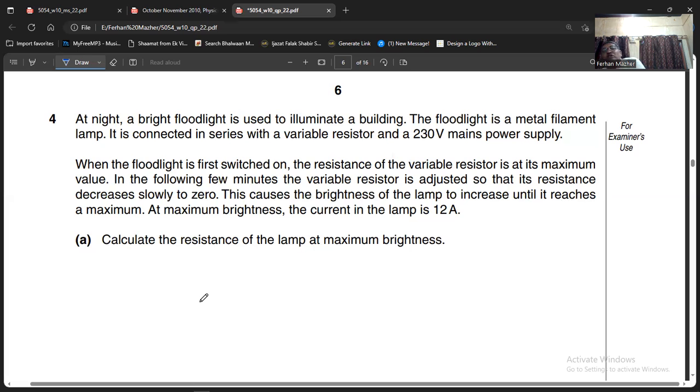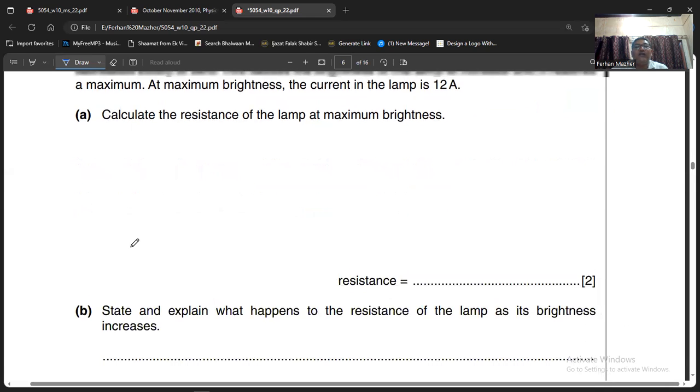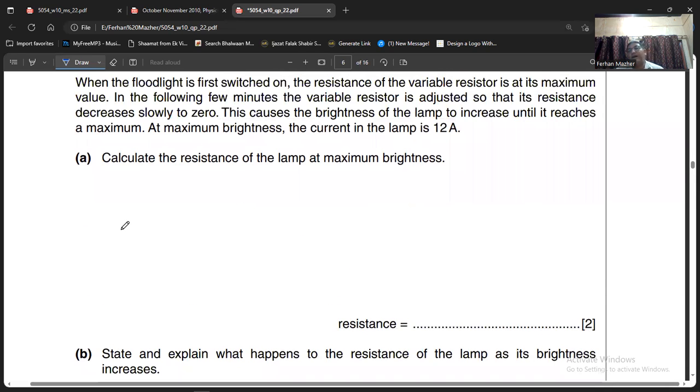Okay, we know the voltage drop, and we know the current flowing, so we can calculate the resistance of the lamp. And you know, when the brightness is full, the variable resistor which was connected in series with the lamp, its resistance we have made 0, so there is no voltage drop there.